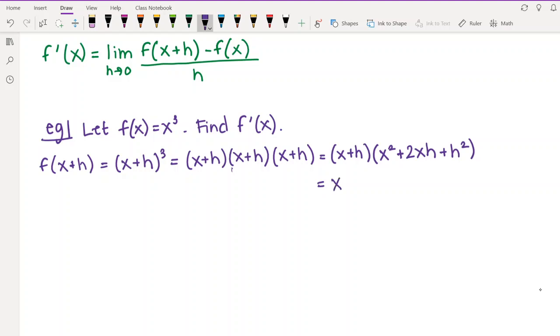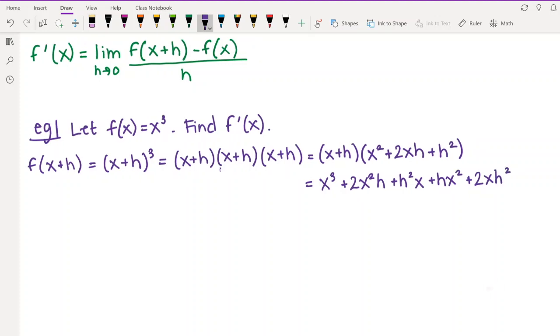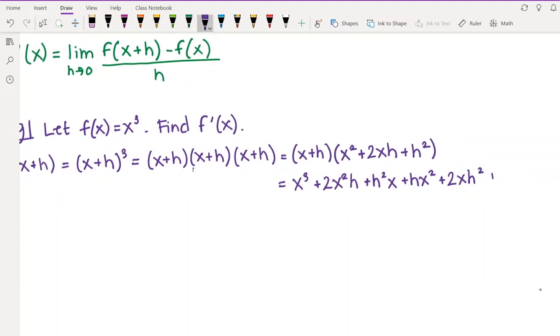And so we're going to get x cubed plus 2x squared h plus h squared x. And now we multiply h with everything, so we get plus hx squared and we get plus 2xh squared, and then we get plus h cubed.